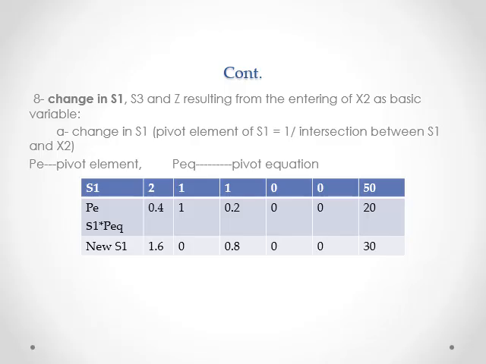How will S1 change? Check the following table to determine the new S1. Why new S1? The new S1 is the result of the entering of X2 as basic variable.